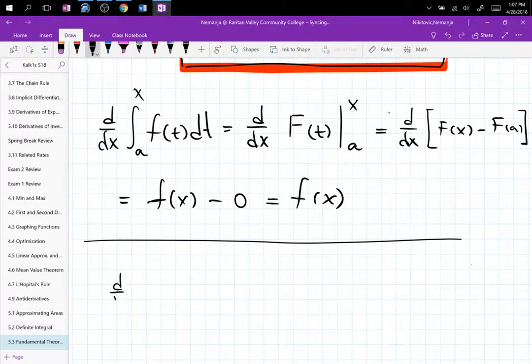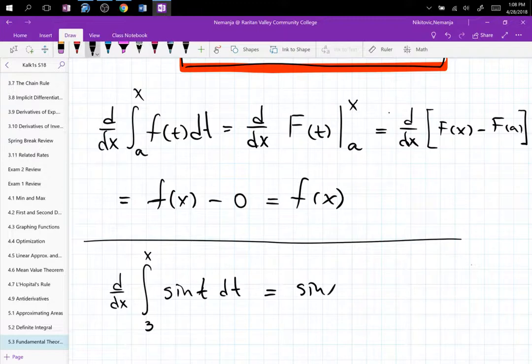So let's do an example. If you have the derivative of the integral from 3 to x of sine t dt, you just get to write sine x. That's that.